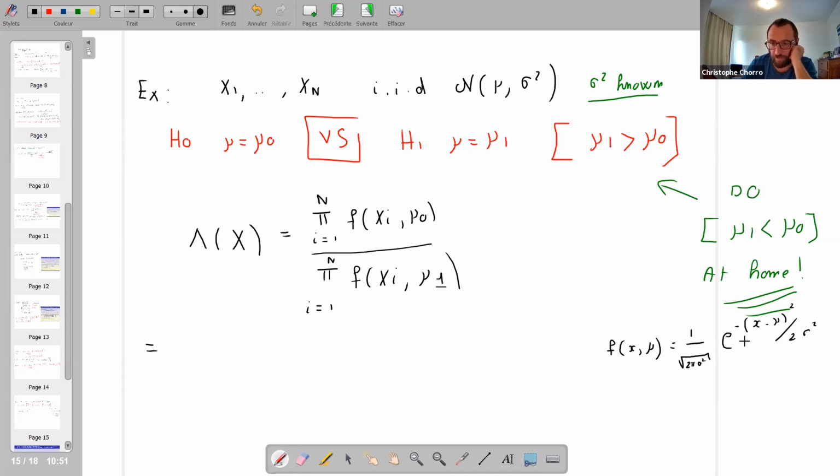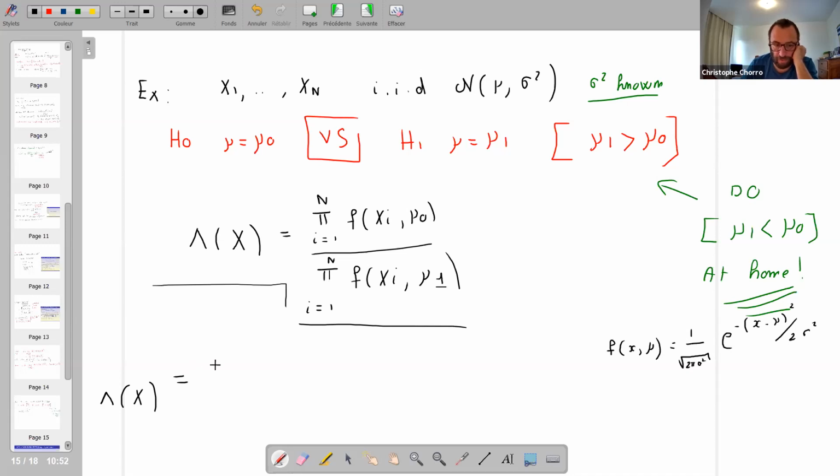So I have a product of exponentials that will be the exponential of the sum. So it is exponential of minus the sum from i equal to 1 to N of what? So here I have my delta x. Let's write it in a better way. My delta x is equal to this product obtained this way.